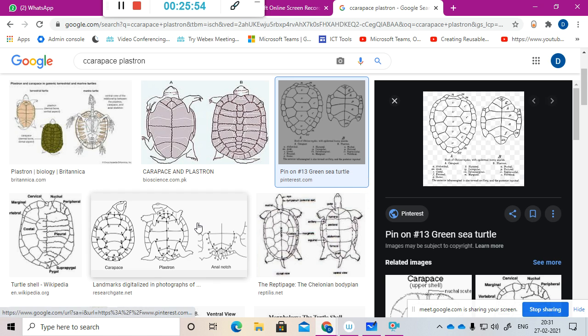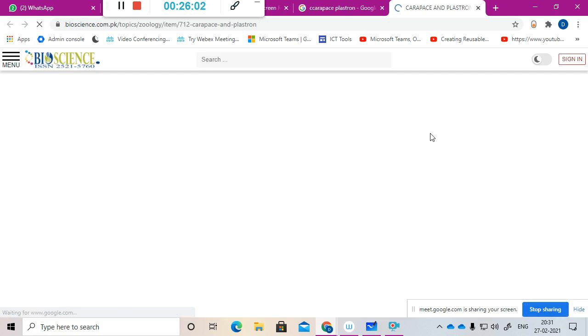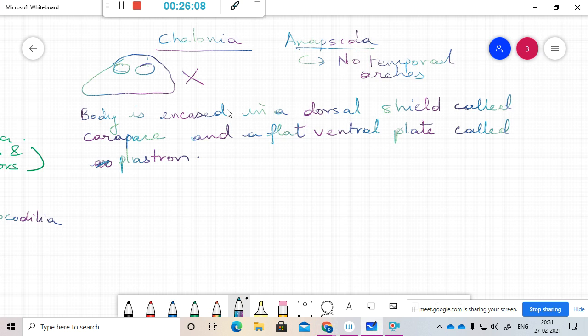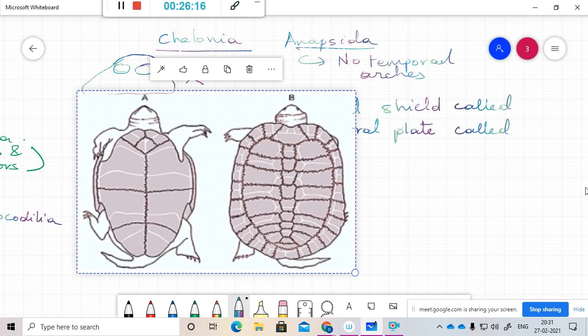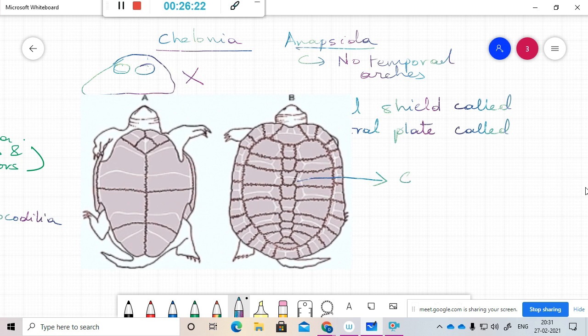We need to look at a better picture. If you look at this picture, this dorsal plate is known as the carapace, and this ventral plate here is known as the plastron.